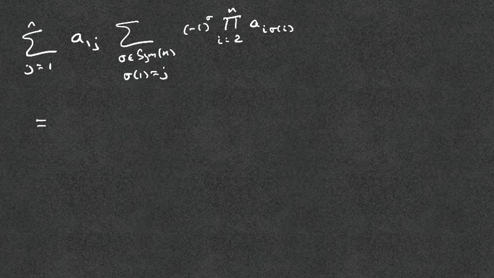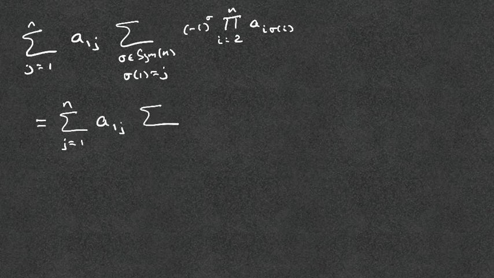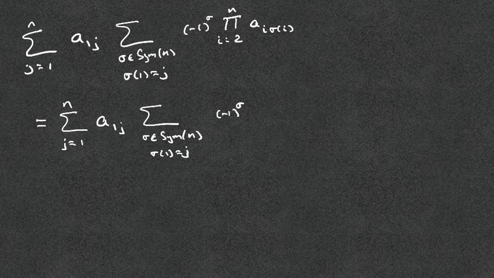So rewriting things a little bit, we still have our sum, j goes from 1 up to n, of our a sub 1 j. We'll still keep our sigma as an element of the symmetric group on n elements, where sigma of 1 is going to be j. Then we have minus 1 to the sign of our sigma. And what we'll do first is to change our index on our product to be 1 less.